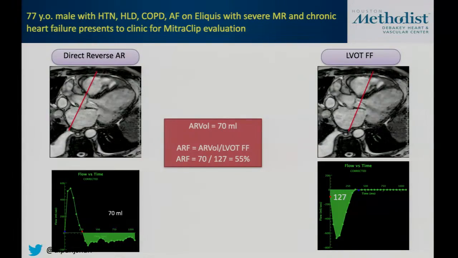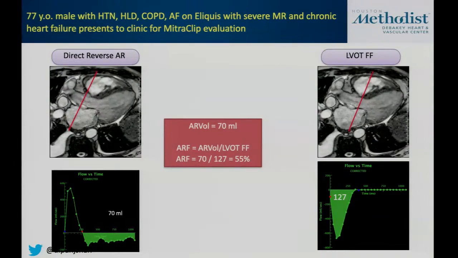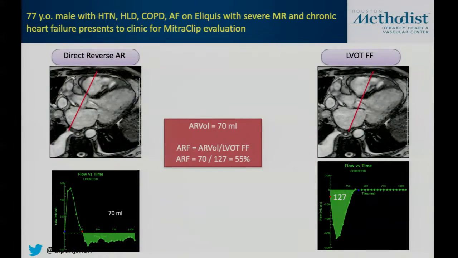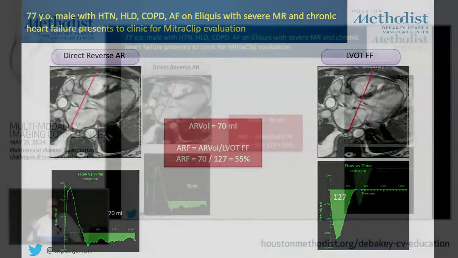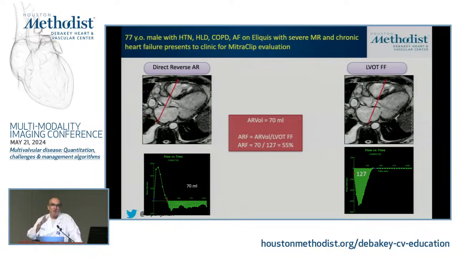Now, you always want to get corroboration of that. So I also measure the forward flow crossing the aortic valve, because going back to the conservation of flow principle, aortic regurgitation will increase my forward flow across the aortic valve compared to my systemic flow, or my pulmonary artery flow.